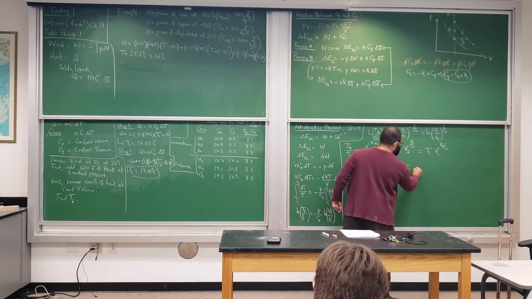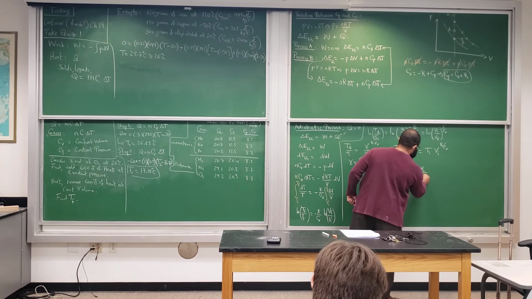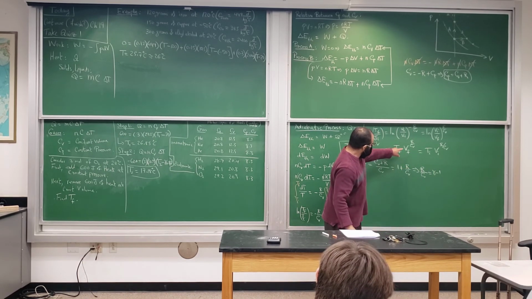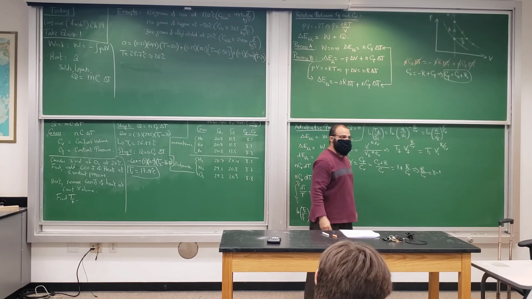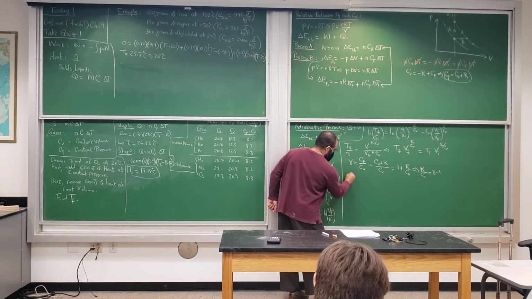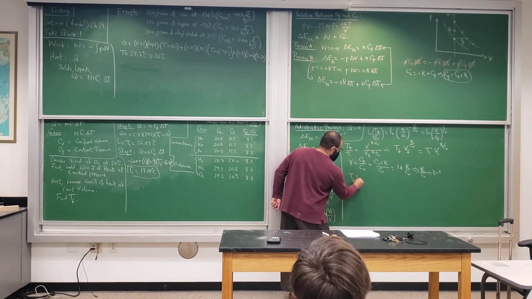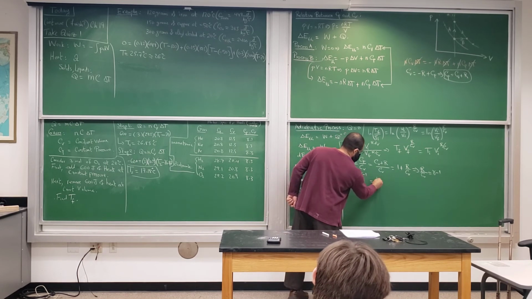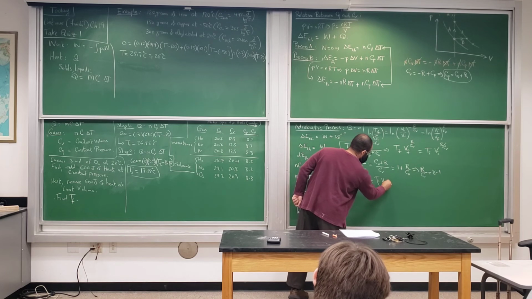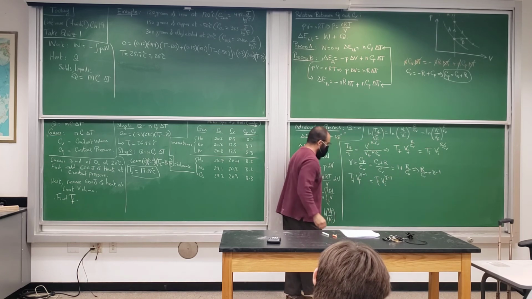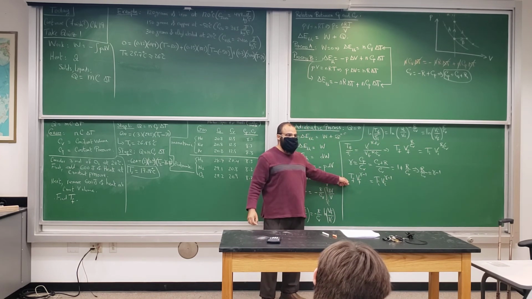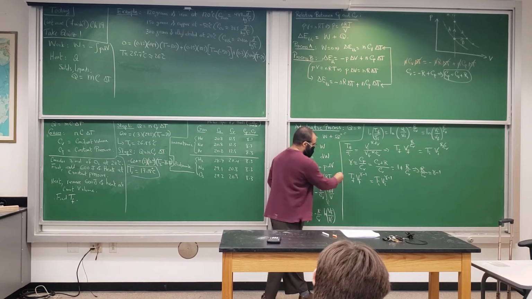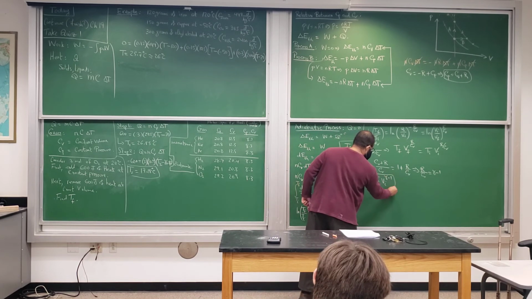And I'm going to replace R over Cv by gamma minus 1. So we get the following expression: T final, V final to the gamma minus 1 is equal to T initial, V initial to the gamma minus 1. Maybe this deserves a box, but usually it's written in terms of pressure.